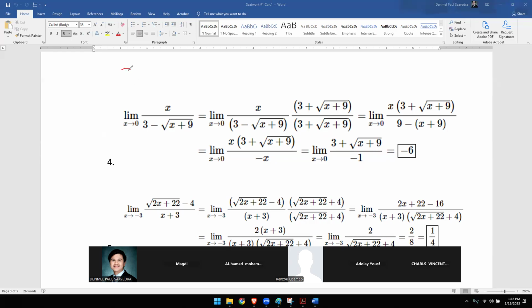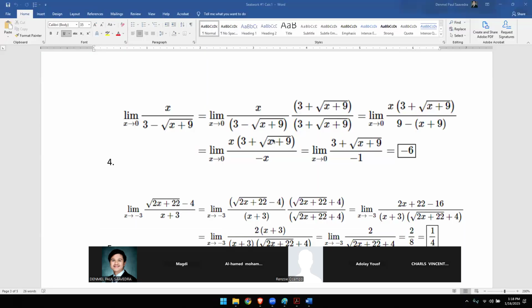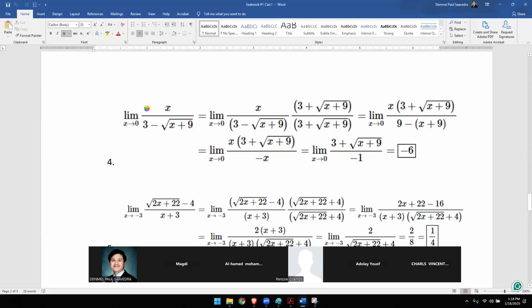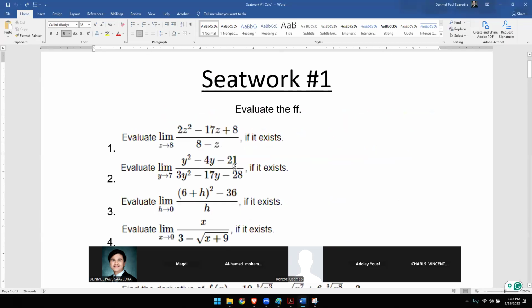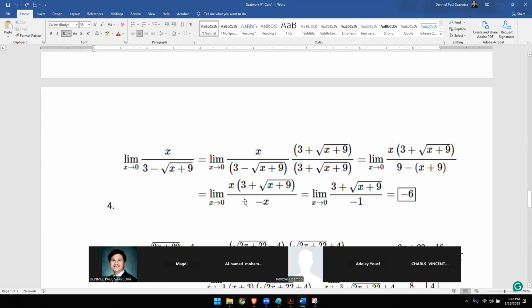So to show to you, we have here 3 minus, okay, yes, we have to use a snipping tool. Okay, I'll just write everything.